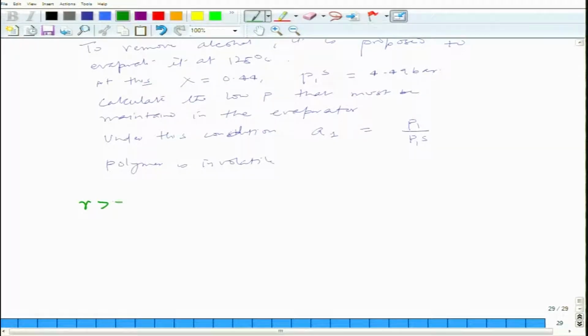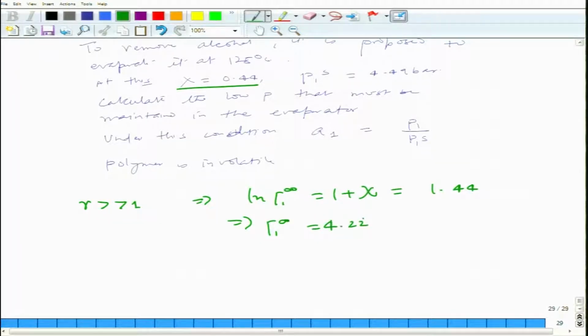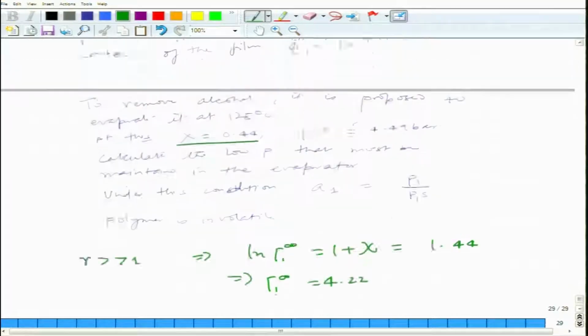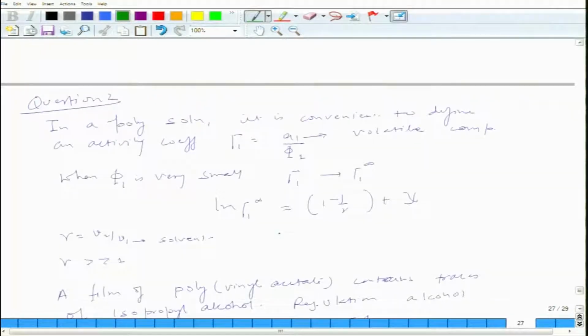Gamma greater than 1 indicates ln gamma infinity is 1 plus chi, and chi is known, 0.44, that means this is 1.44, which essentially means gamma infinity is 4.22. As defined, what is gamma infinity? Gamma infinity by definition is this.